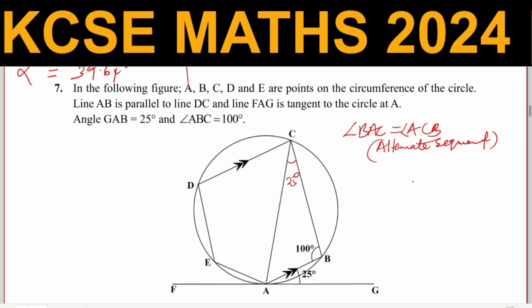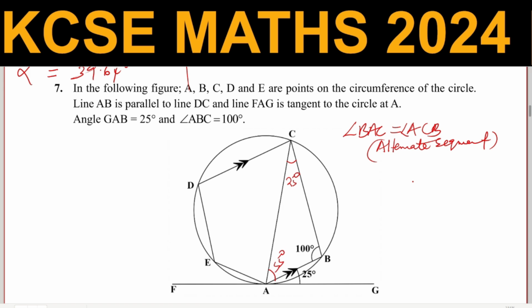Angles in the alternate segment are equal. Then look at triangle ACB. So you have 25 degrees plus 100, that is 125. The sum of angles in a triangle should be 180, and therefore this angle here will be 180 subtract 125, this will be 55 degrees.